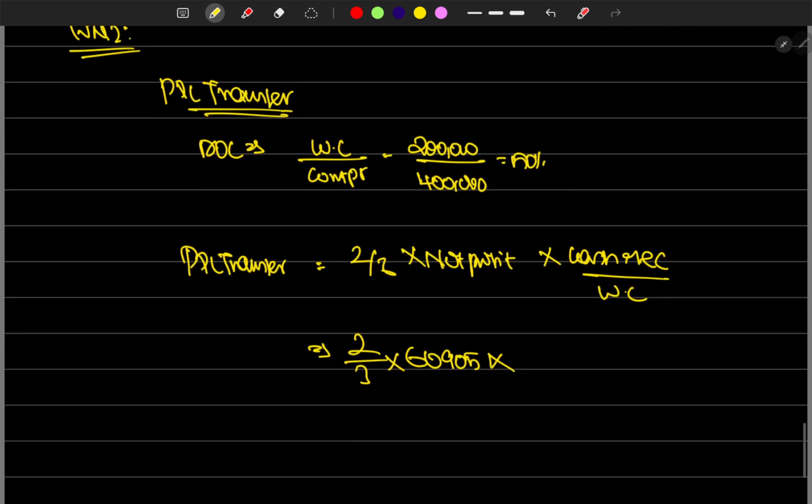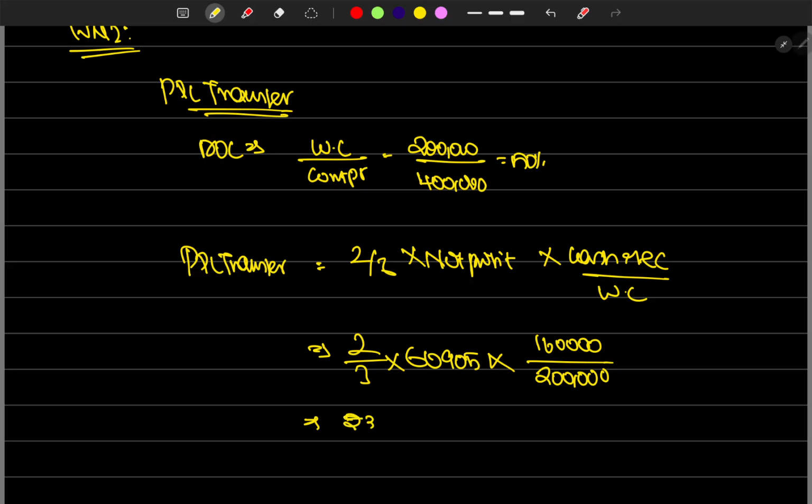Okay, we can put it directly, but this is the formula we have to follow as it is. 1,60,000 divided by 2 lakh, obviously we'll get 0.8 only. This is 80%. Okay, so 2/3 into 66,905 into 80%, which is 35,683.